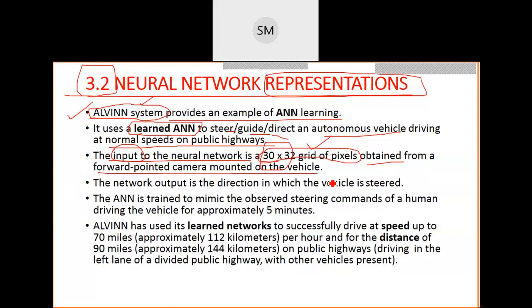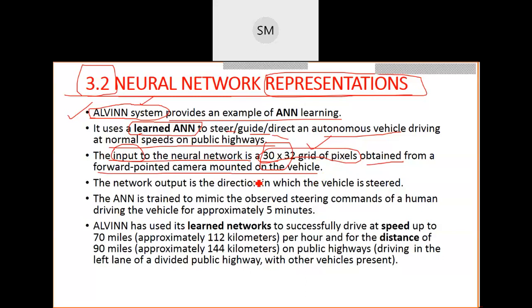Wherever it is possible, we have to fix one camera, and whatever data that camera catches will be input to this neural network, that is 30 by 32 pixels, so that it can recognize the road and identify the curves clearly. We could increase the number of pixels here, no problem, but since this much is enough, we have considered only a 30 by 32 grid of pixels.